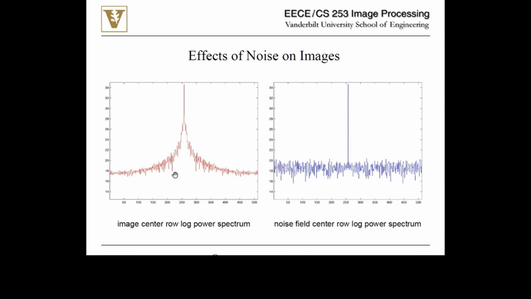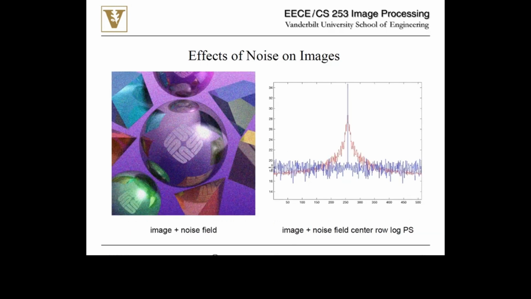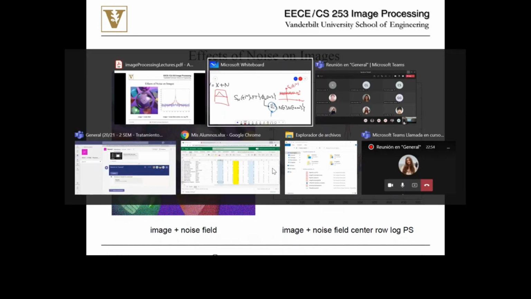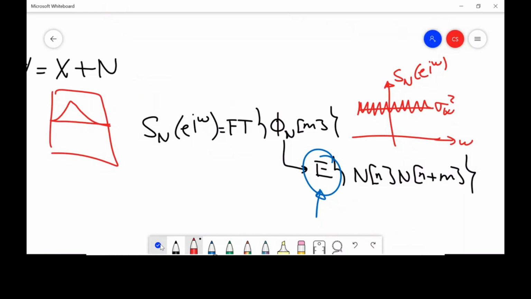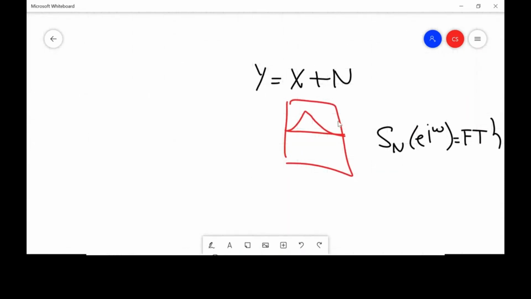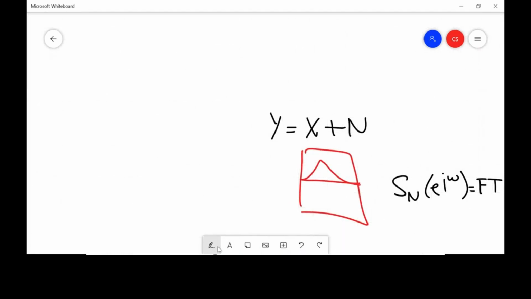Then we compare these two spectra. When we add the two signals together in the images, this would be the spectrum of X plus the spectrum of N. There is a property of spectra.